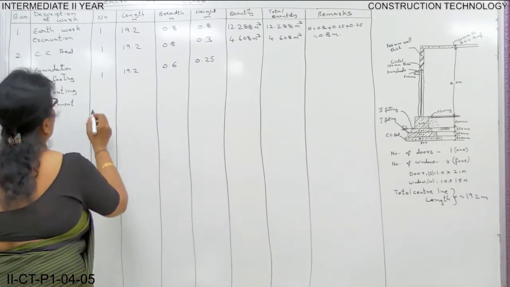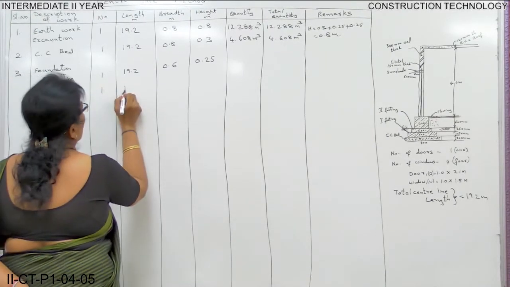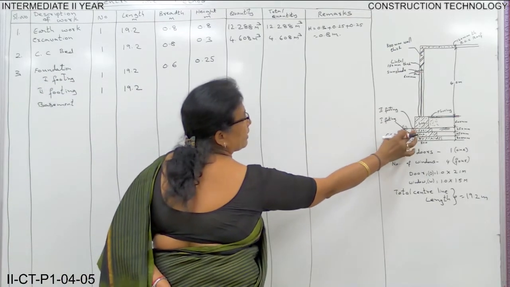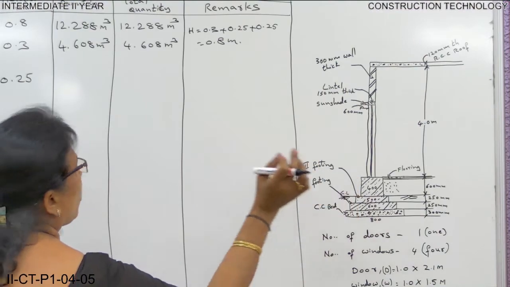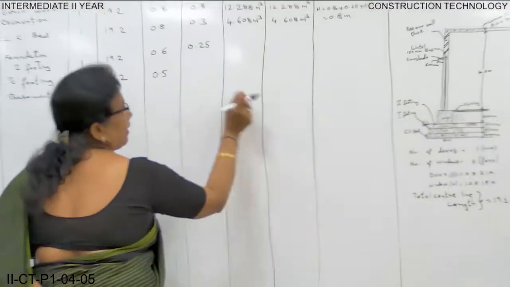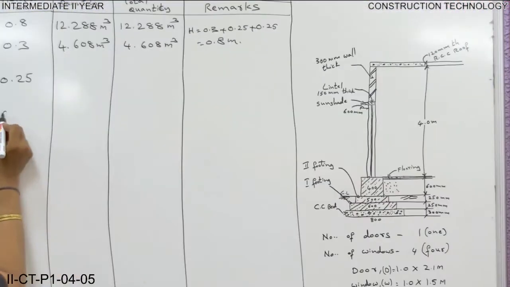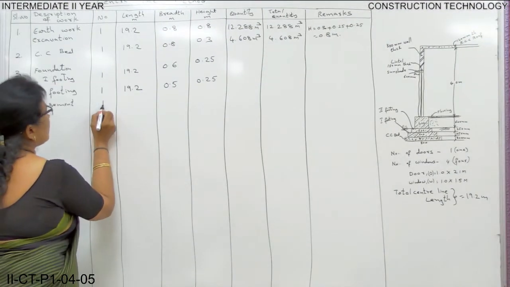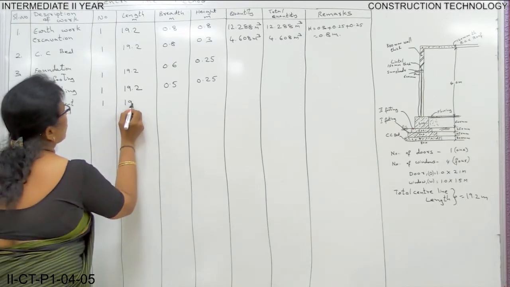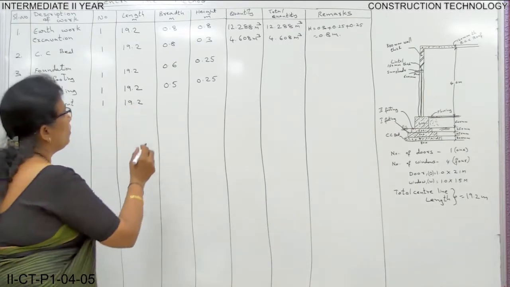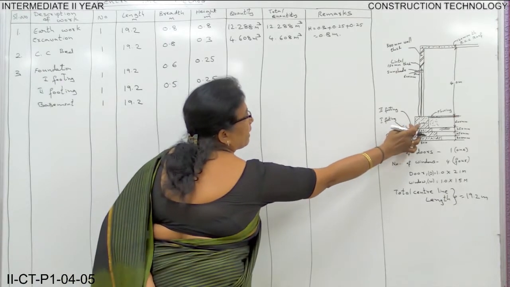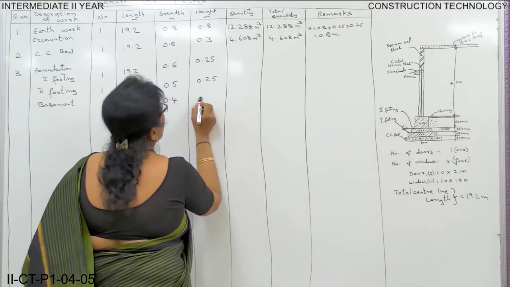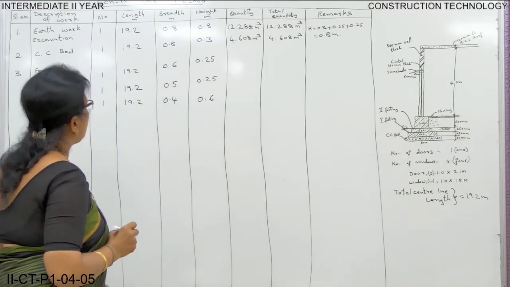Then coming to second footing, number is 1, length is the same, 19.2, and breadth is 0.5 meter, and height here again is 0.25 meter. Then coming to basement, number 1, the total length is 19.2 and the breadth is 0.4 meter and the height of the basement is 0.6 meter.